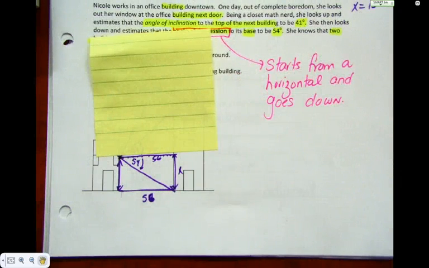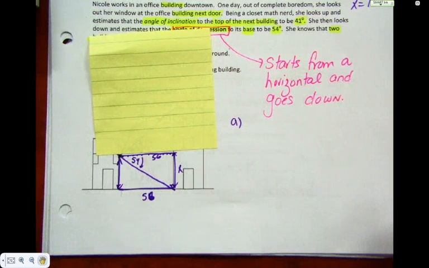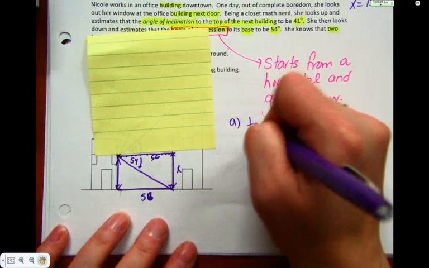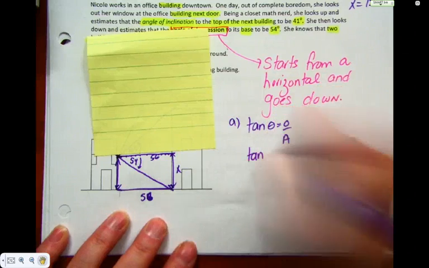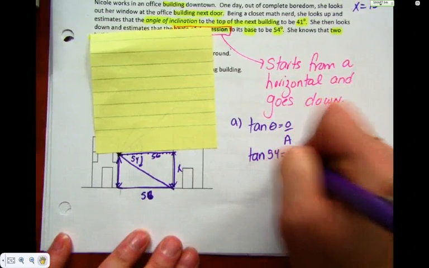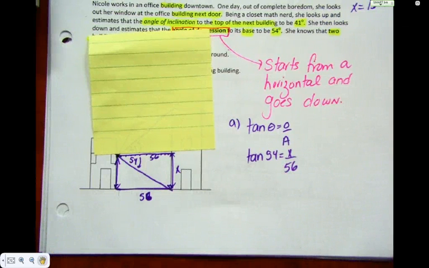So again, just look at this one little triangle. What is that x going to be? Which side? O. What is the 56 going to be? A, so O and A. Tan. Tan of 54 is x over 56. What do I do with that 56?